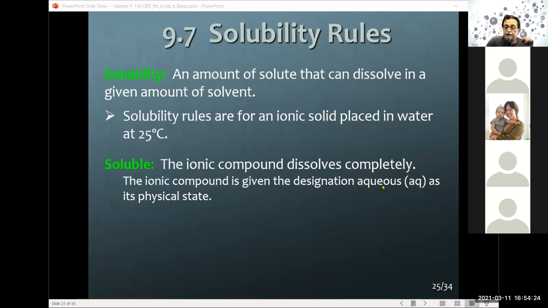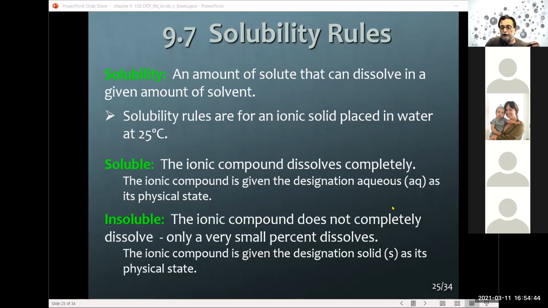Now, when something is classified as soluble, we're saying that it's totally 100% dissolved, associated, and its physical state is given by the parentheses AQ, meaning an aqueous solution. When something is classified as insoluble, the bulk of the material does not go into solution no matter what we do, unless we up the temperature, but we're not going to do that.